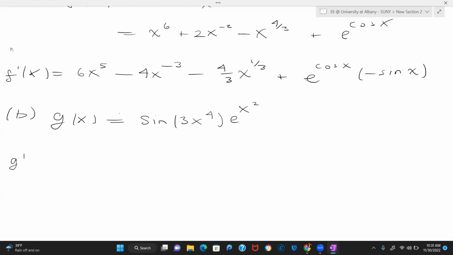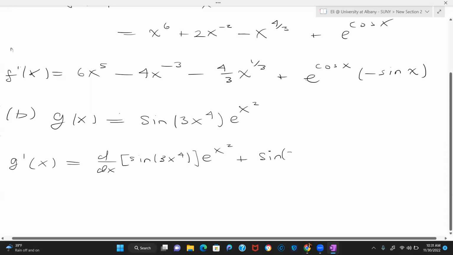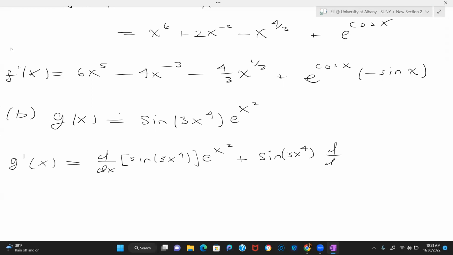So product rule says you take the derivative of the first function, I won't just take the derivative yet, I'll just do the product rule, times the second function. So it's just the derivative of the first function times the second, plus the first function times the derivative of the second function.